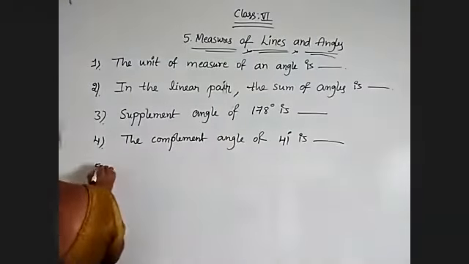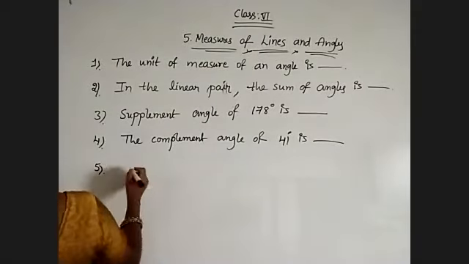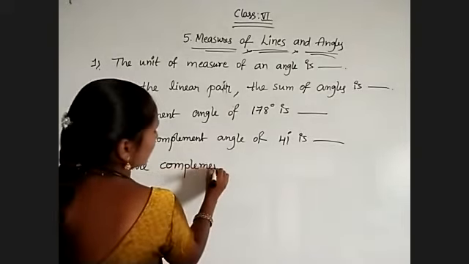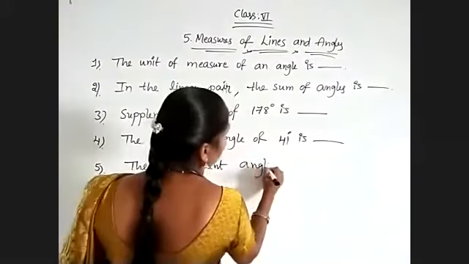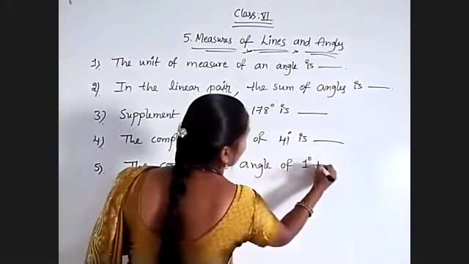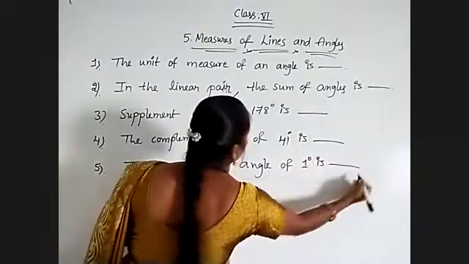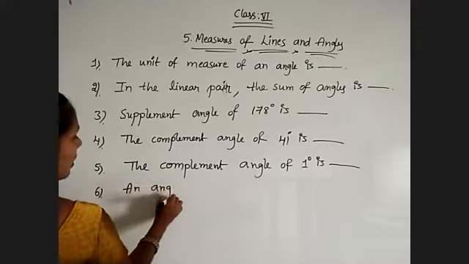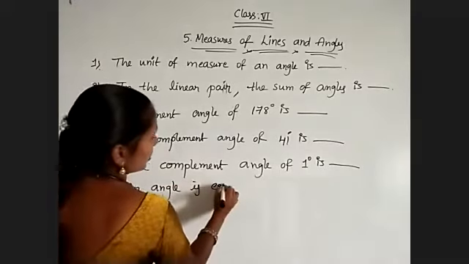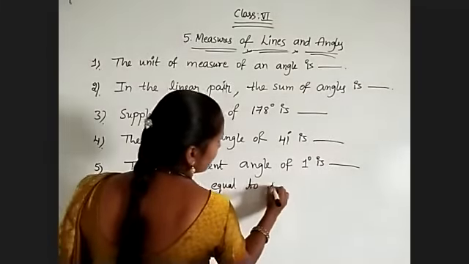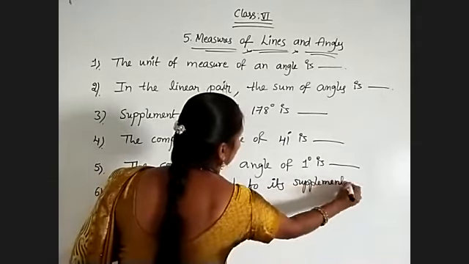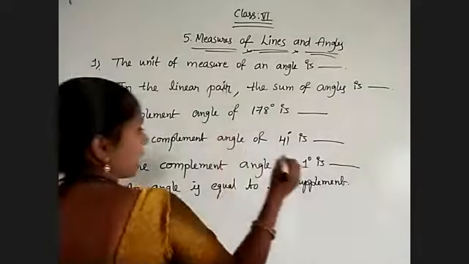And next, the complement angle of 1 degree is a dash. And the sixth question, an angle is equal to its supplement. The angle is dash.